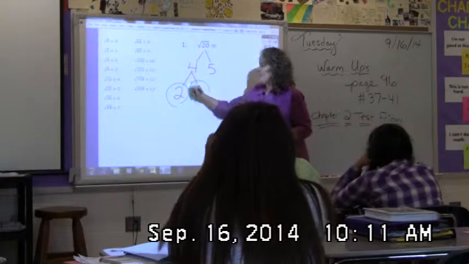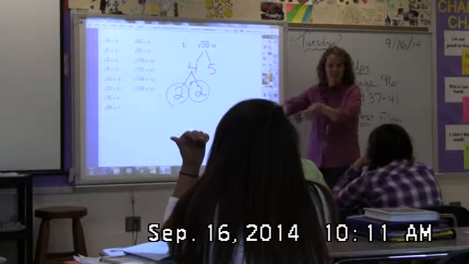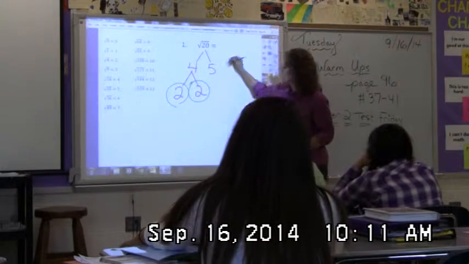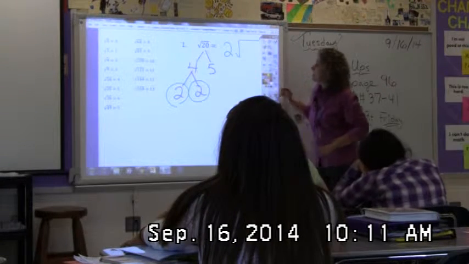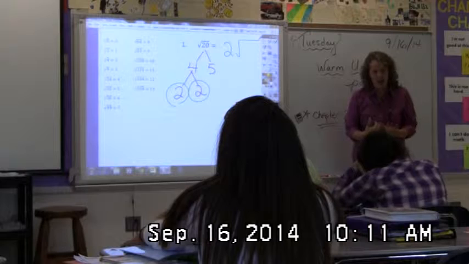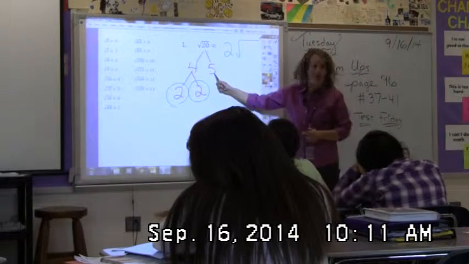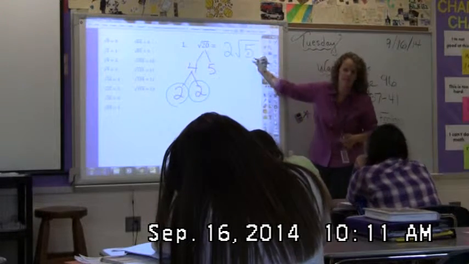And anytime you find a match, we get to send that number out front of the square root. So we're going to get to put a 2 out in front of the square root. But any factors that don't have a match have to go back underneath the square root. 5 does not have a match, so he has to go back underneath.